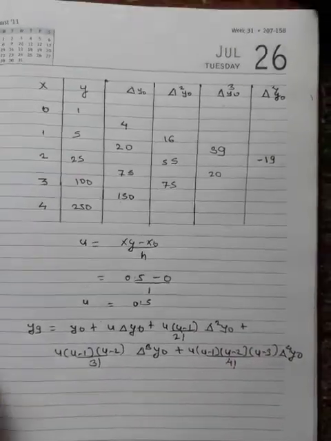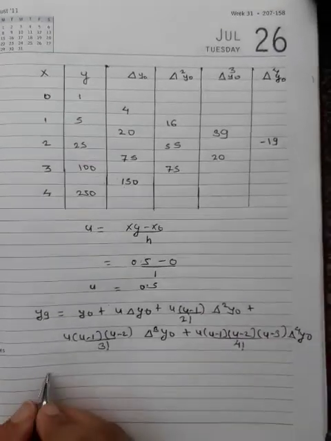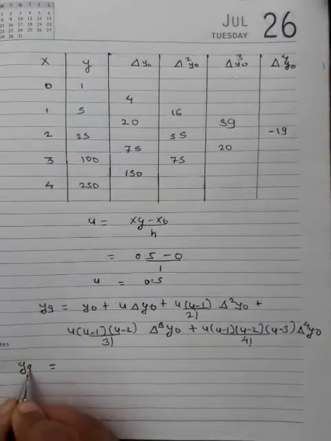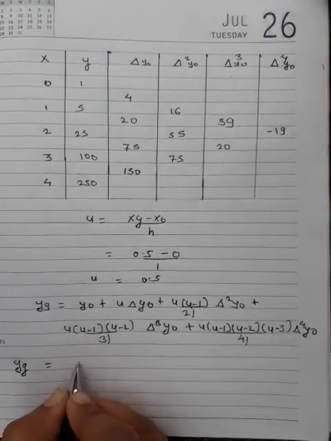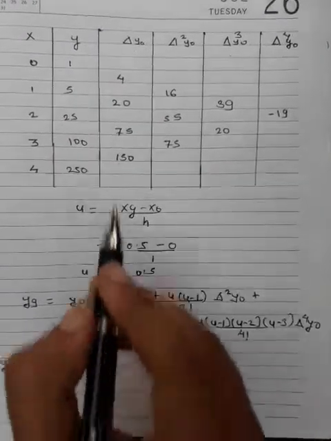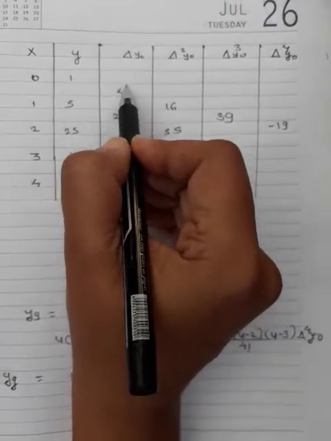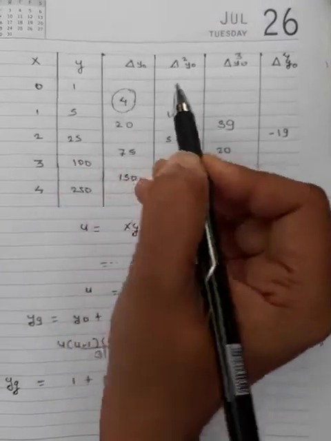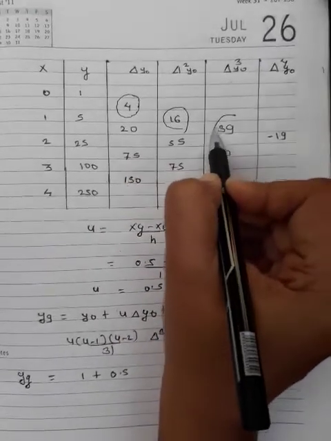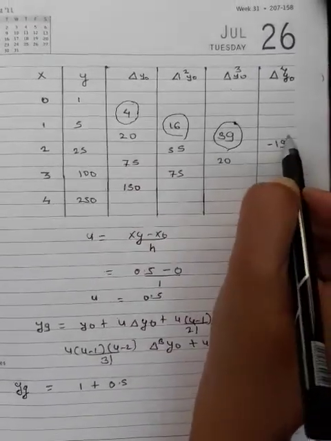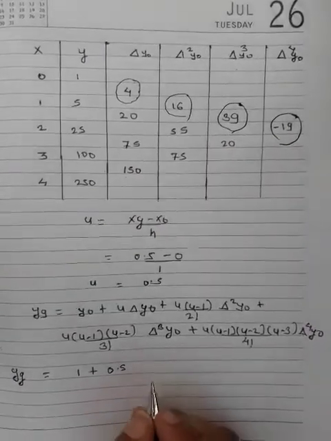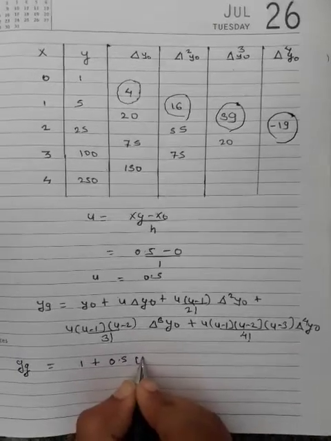We know all the values, so you have to enter them in this formula and calculate the value of yg. y0 is equal to 1, u is equal to 0.5, and these are your delta y0, delta square y0, delta cube y0, and delta raised to 4 y0 values.